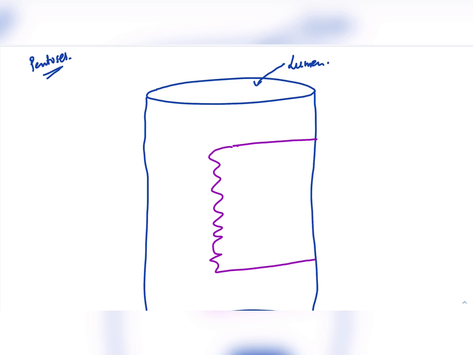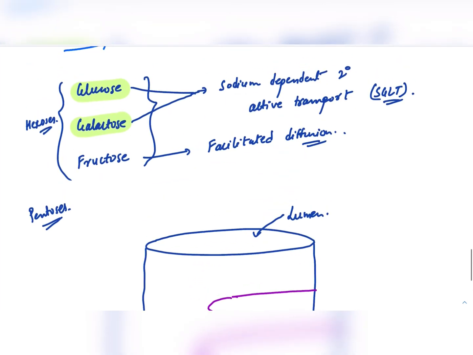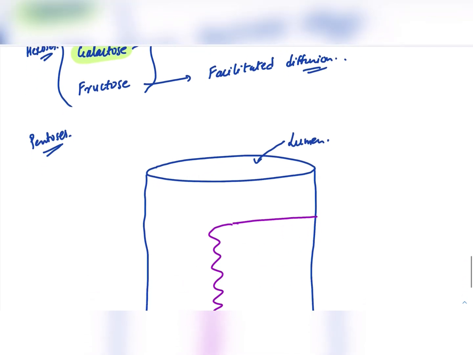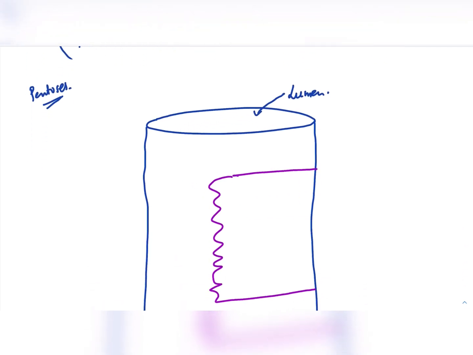These SGLTs are located in the apical part of the intestinal epithelial cell.